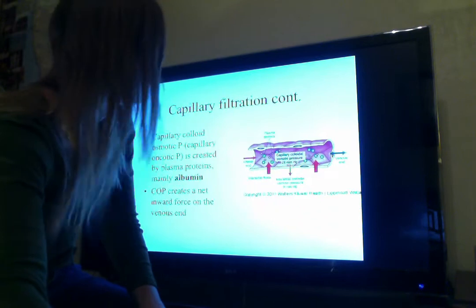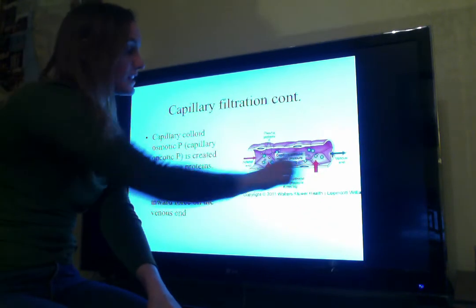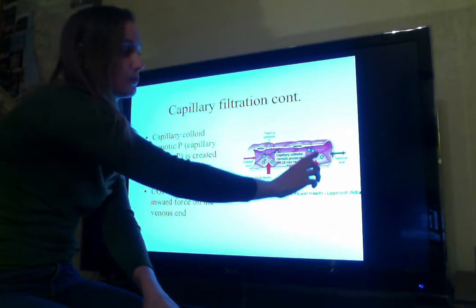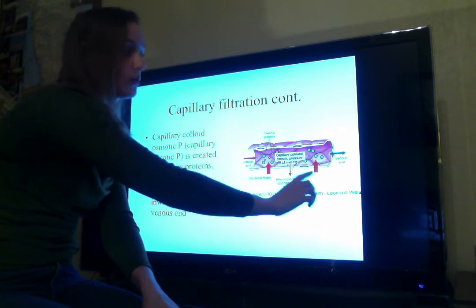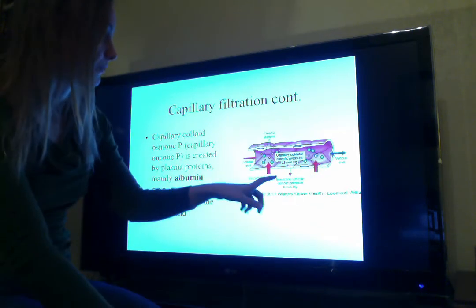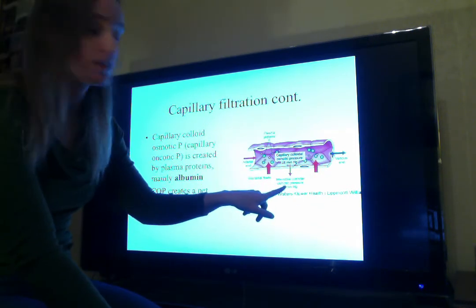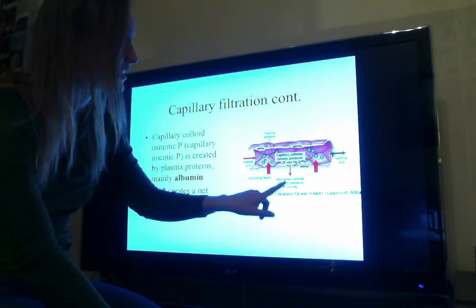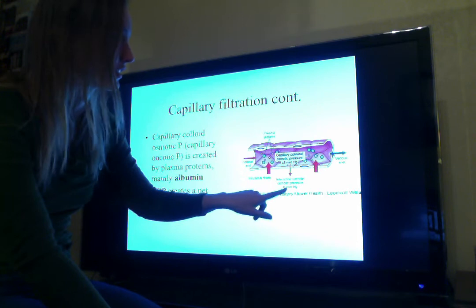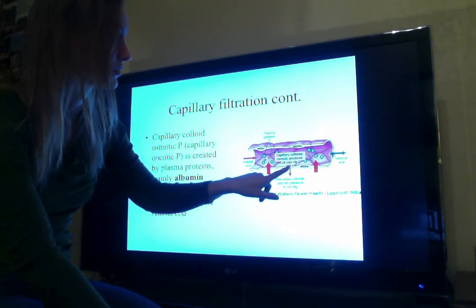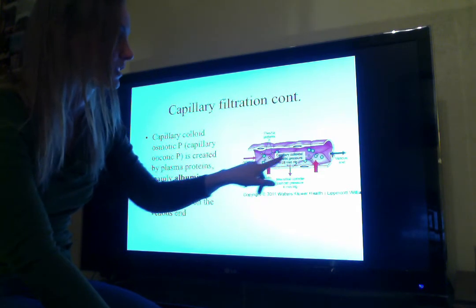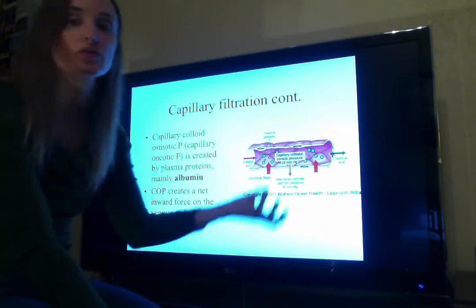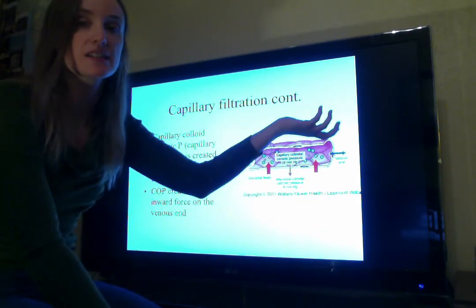And then on the venous end, it's pulling back in with that albumin, and the interstitial colloid pressure with that protein is only 8 millimeters of mercury in the tissue, so it's much smaller than the 28 millimeters of mercury in the blood vessel. So it pulls on the venous end back in.